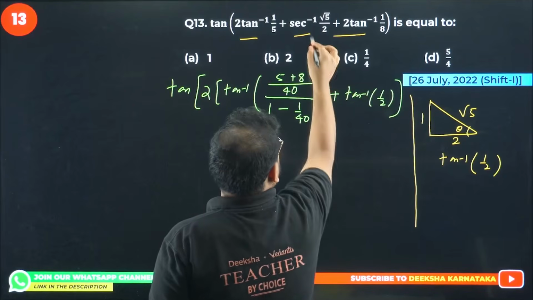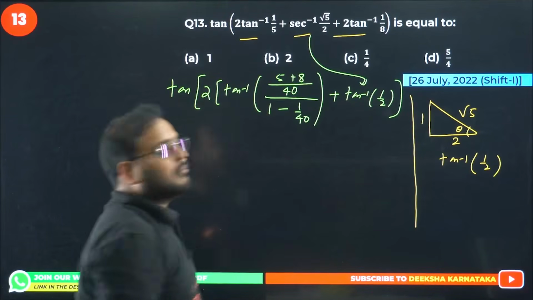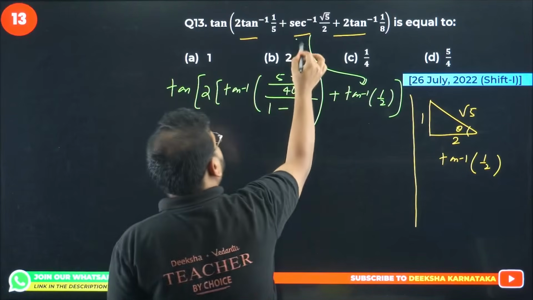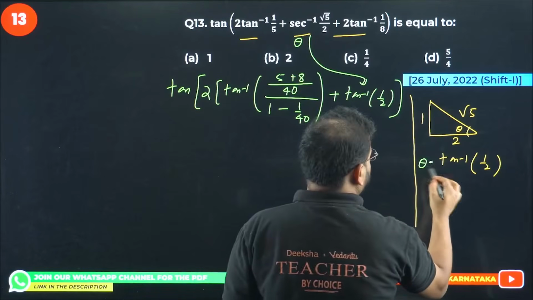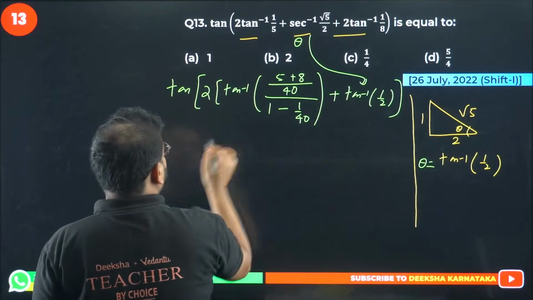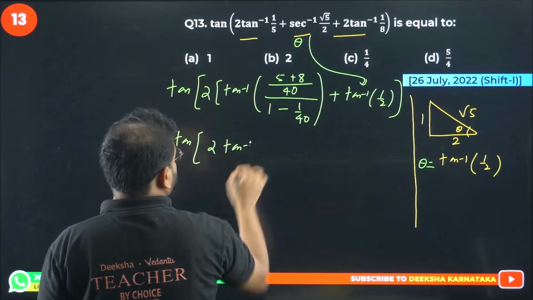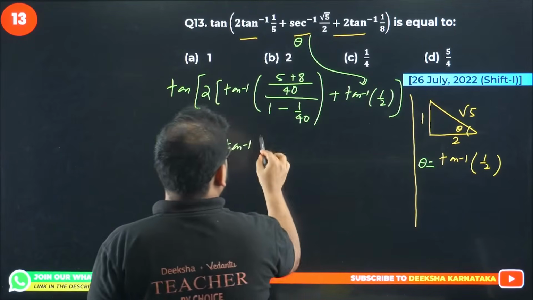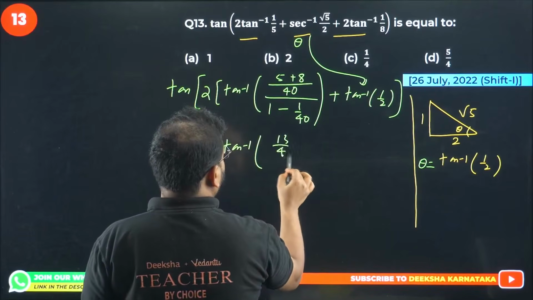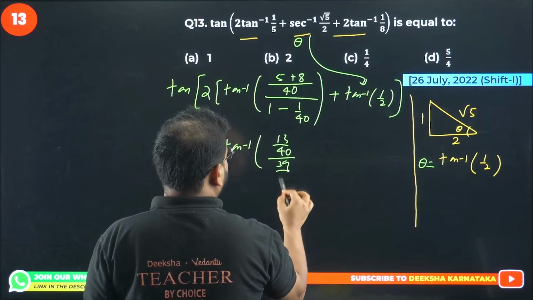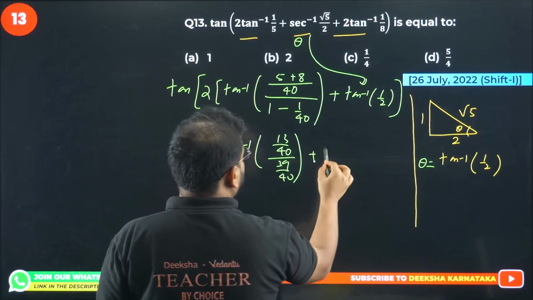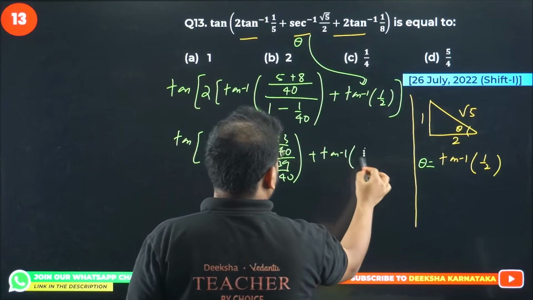From where, sir? From here. If I take this angle as theta, this is the theta value. So simplify this. I get 2 tan inverse, and this is going to be 13 by 40 and 39 by 40, plus tan inverse of 1 by 2.